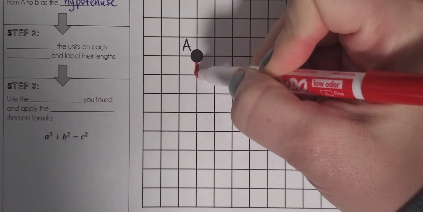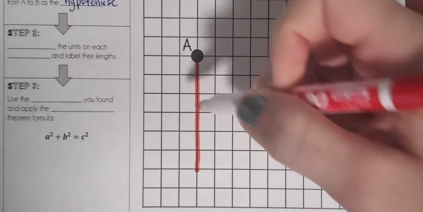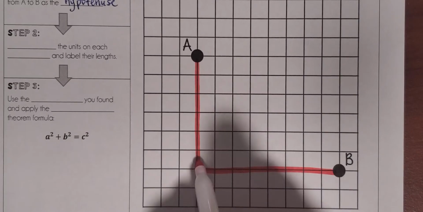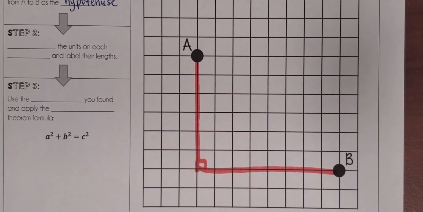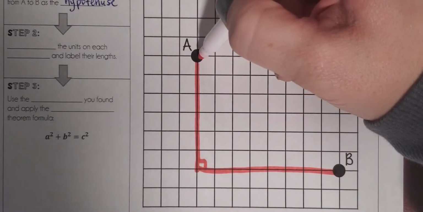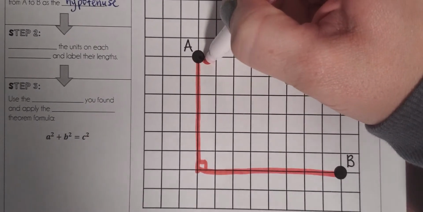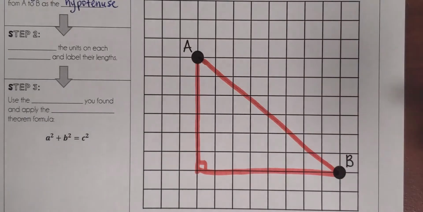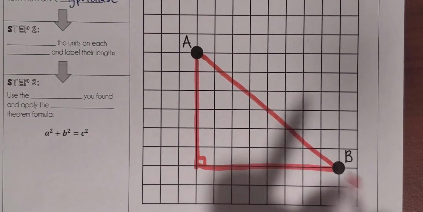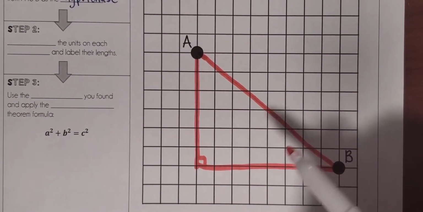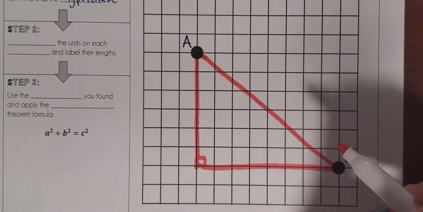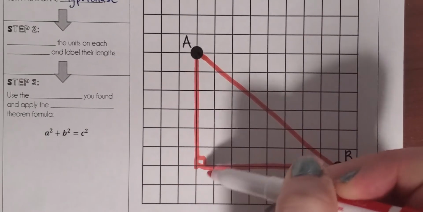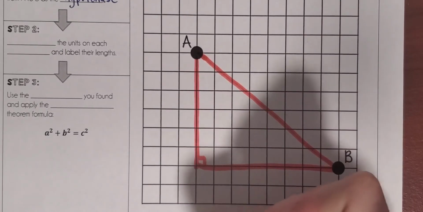So I'm going to make a straight line, or 2 straight lines, to create this 90-degree angle. And then I'm also going to be connecting the points A and B. So by drawing those 3 lines, I formed a right triangle. I know that my 2 sides that connect in the right triangle are called legs.